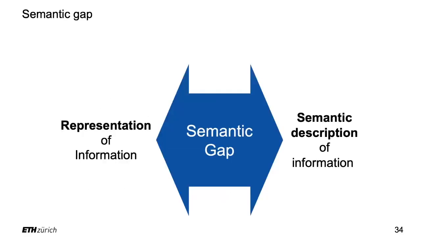So here the problem that we have is called the semantic gap, because there is a big gap between the representation of information, which is the way we store it, for example, as a sequence of characters in text, and the semantic description of the information. How do you extract meaning? For a language, it's very difficult, because if you don't know the language, you don't know the vocabulary, you don't know how the words map to concepts, you don't know the grammar.